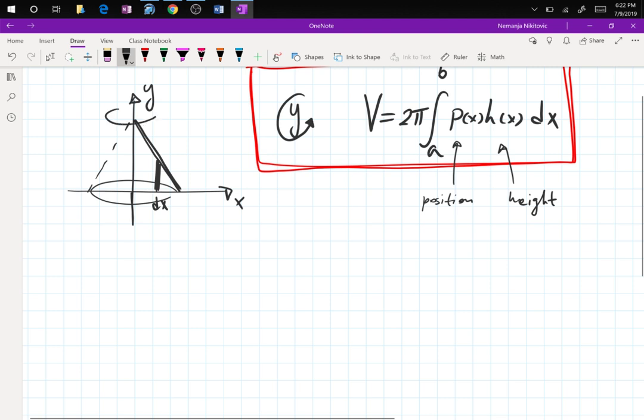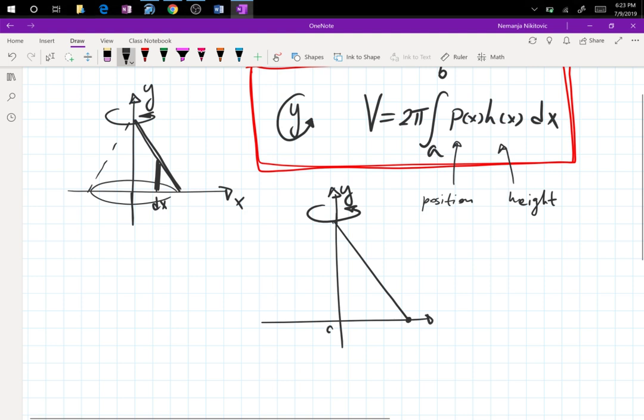So I'm going to move rotation on top so that I can mark on this picture. Actually, you know what? I'll draw a new picture. So this is my rotation on y-axis, and I have my a and the b, and I have my representative rectangle dx.